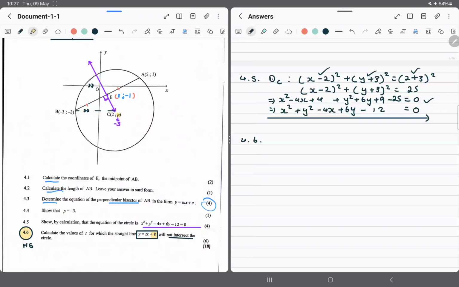But at least we know something about this equation. The y-intercept is 8. Now, when we say this will not intersect, it means we need to find a point on the circle so that the tangent through that point on the circle will have a y-intercept of plus 8.